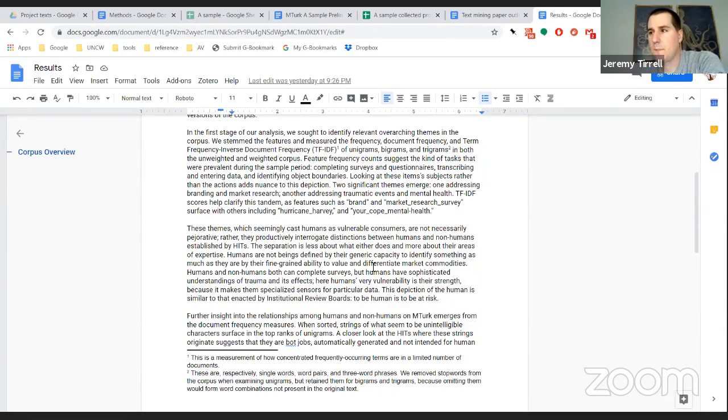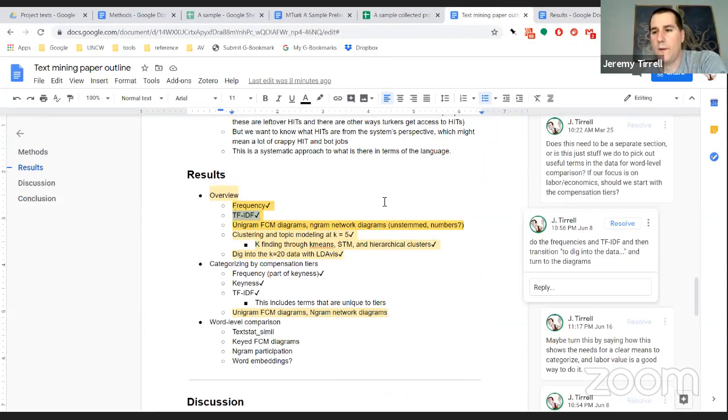trauma, right? Humans are sophisticated sensors of trauma in a way that non-humans aren't. They can't talk about reliving past experiences with cancer. They can't talk about PTSD because I was a veteran. So that's in this first part, what even those raw counts show are those kinds of things, and things like the prevalence of bot jobs and related things, right?